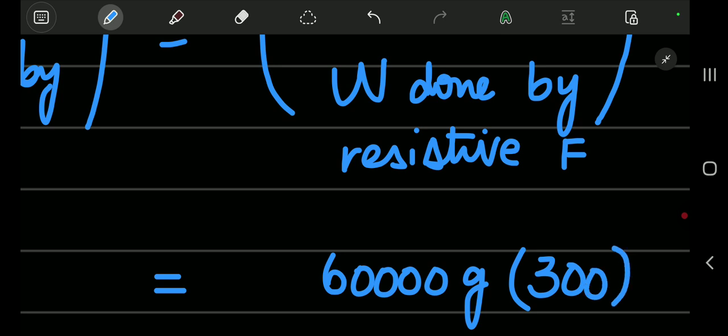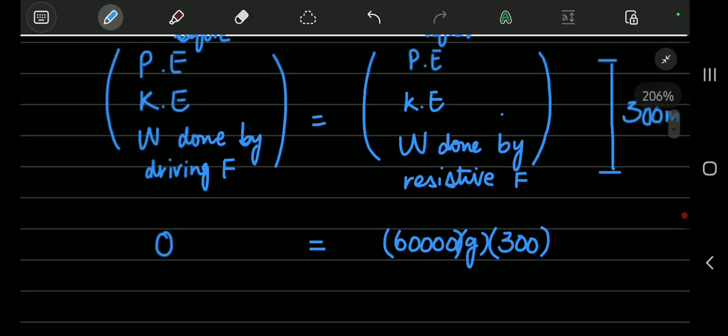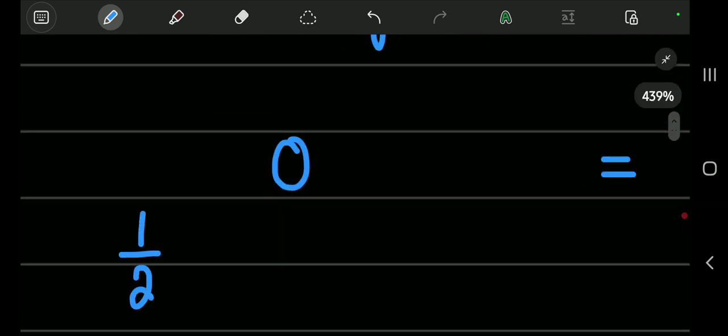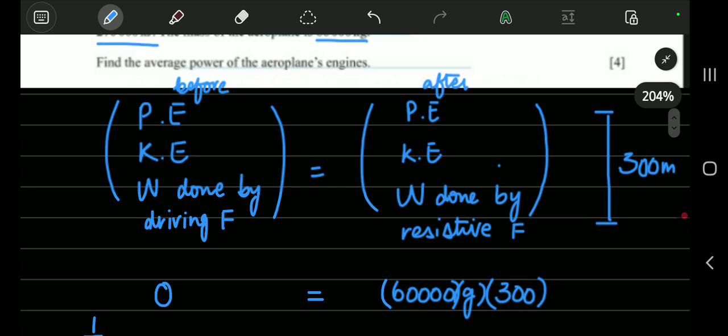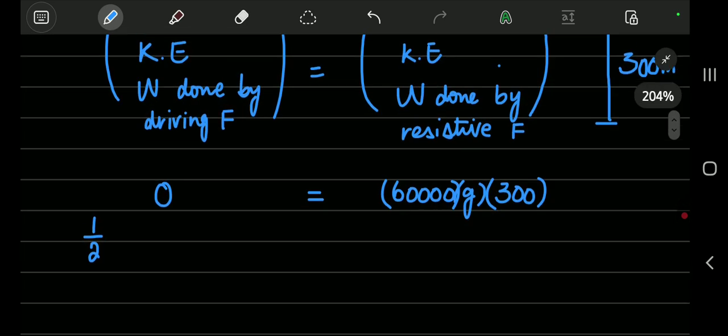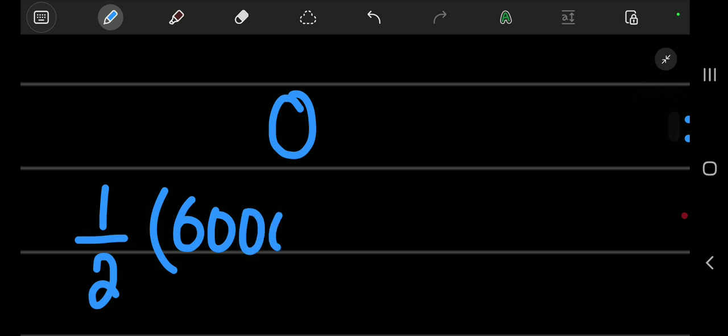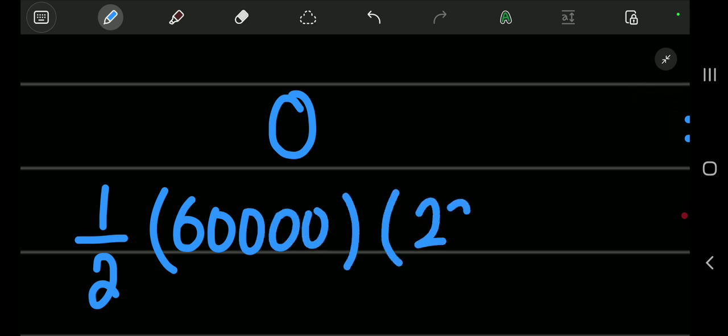So it ascends 300 meters. Then kinetic energy is, initially it was already flying, and the velocity was that we found in part A, 220 meter per second. So half m is 60,000 and v square would be 220 square.